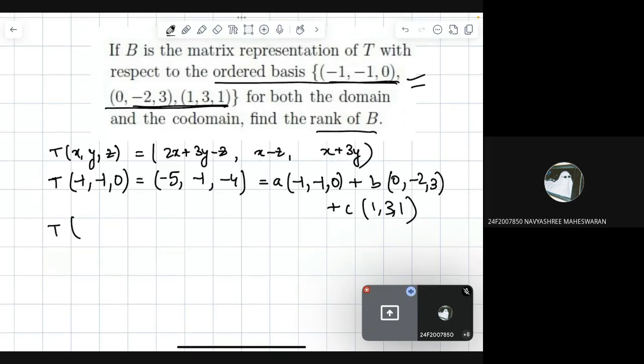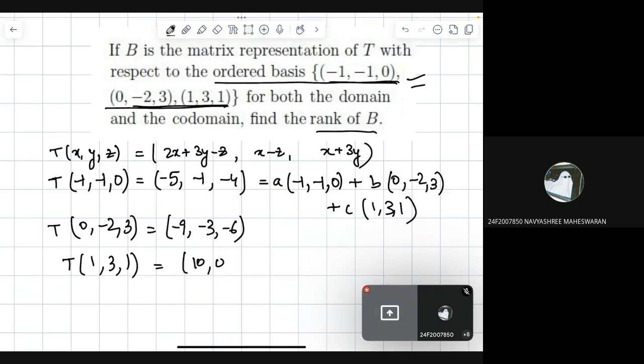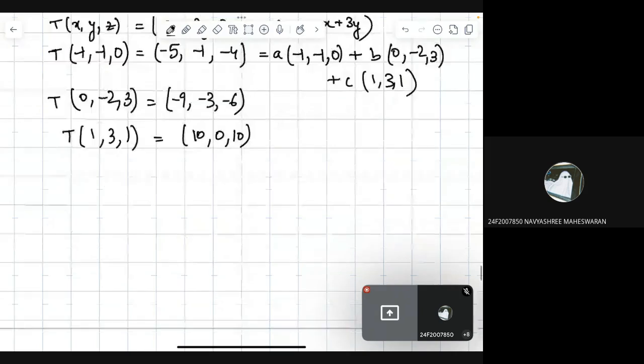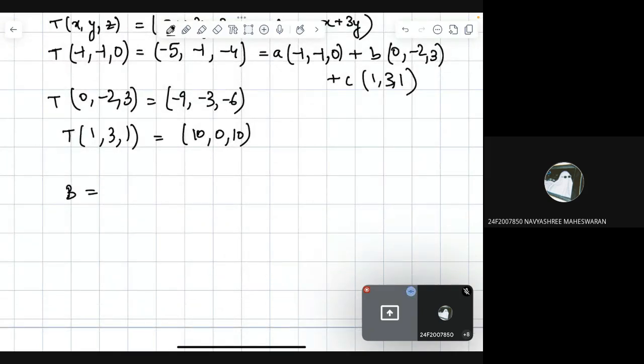Similarly, apply the transformation to this particular one, and you get minus 9, minus 3, minus 6, and you get the matrix B. From the matrix B you apply row operations, and applying row operations you are going to get rank as 2. You should get rank as 2.